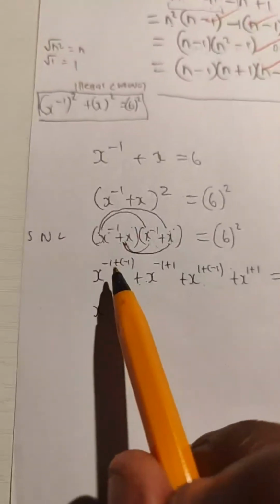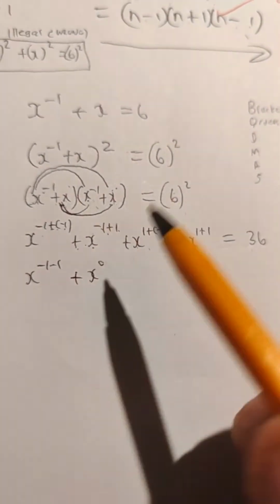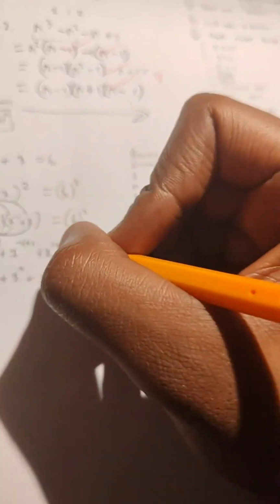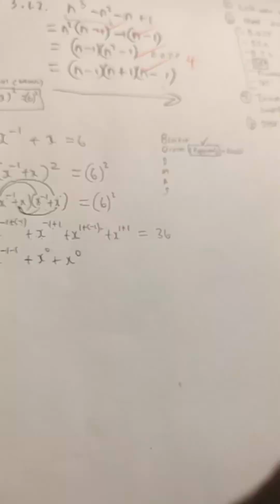x to the power, what's negative 1 plus minus 1? That's like saying negative 1, because a positive times a negative gives you a negative. Plus x to the power negative 1 plus 1, that gives you x to the power 0, because 1 minus 1 is 0. Plus x to the power 1 plus minus 1, that's like 1 minus 1, which is also 0.